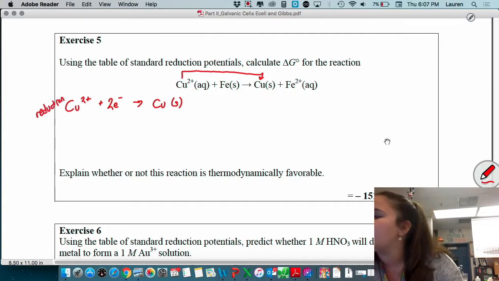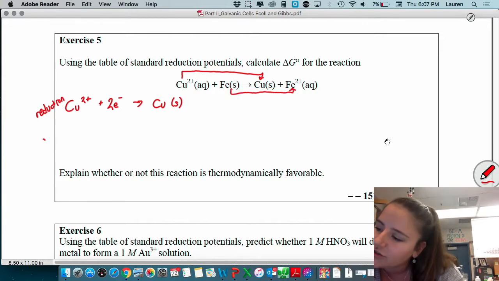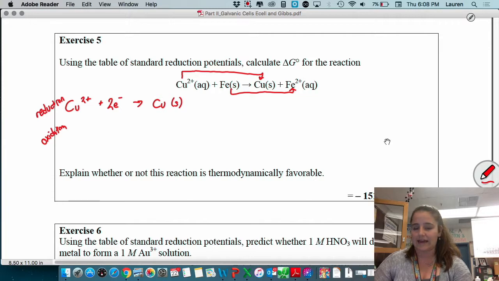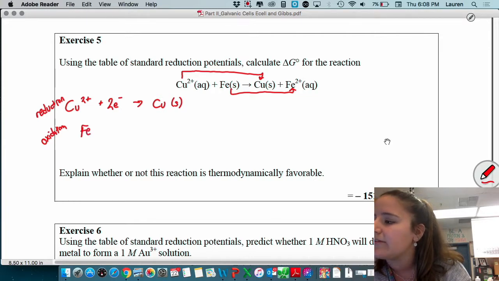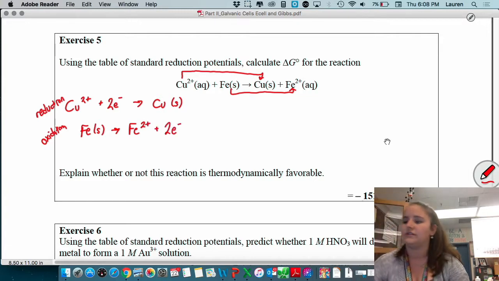And then our Fe is losing some electrons to become a positive charge, so that's our oxidation. Don't forget OIL RIG: oxidation is loss, reduction is gain. So we have our Fe solid turning into Fe2+, and it must have 2 electrons there.